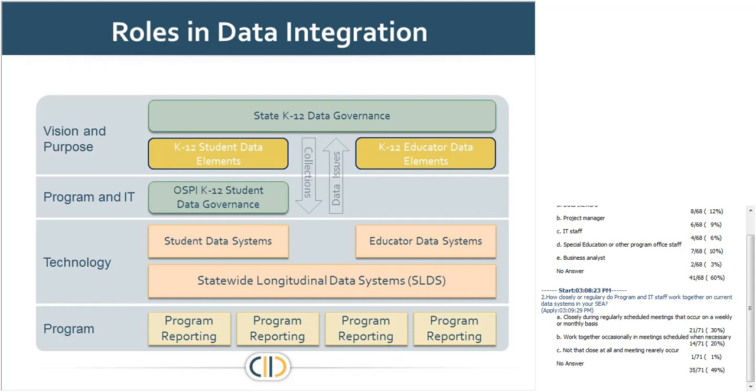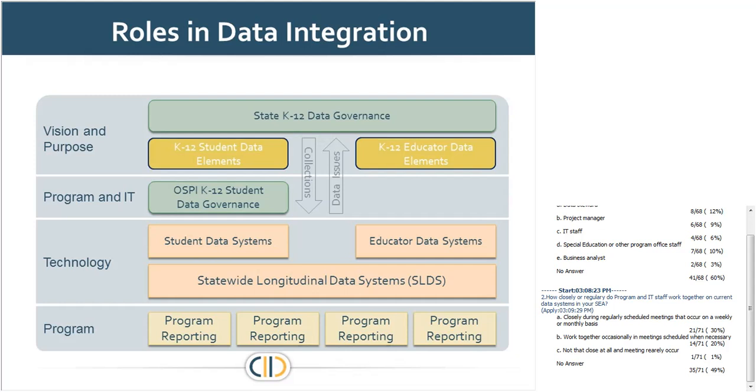The roles in data integration, I wanted to give you a high-level look, and then I'll talk about the particular types of folks that we have assigned to do work. But the overall picture is the state K-12 data governance, again, decides what data elements are to be collected.